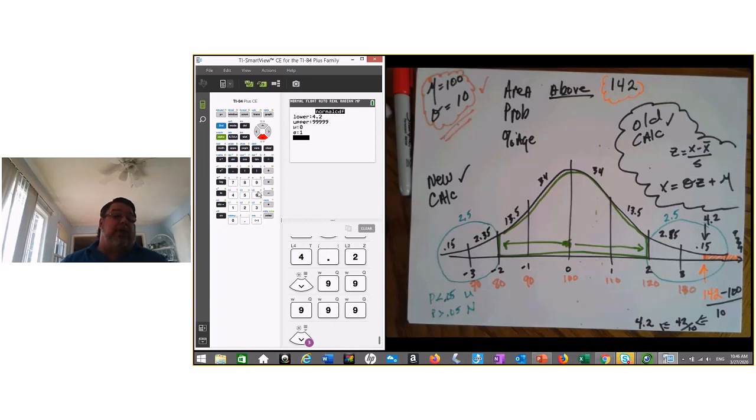Now, if you have a real old calculator, you have to type in parentheses. When you pull up normal CDF, it'll look like this, and you would type in 4.2, then hit comma, then 9999, comma, and then close parentheses because it's already defaulted to 0 and 1. And hit enter.